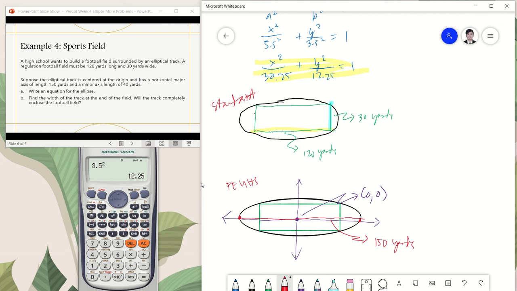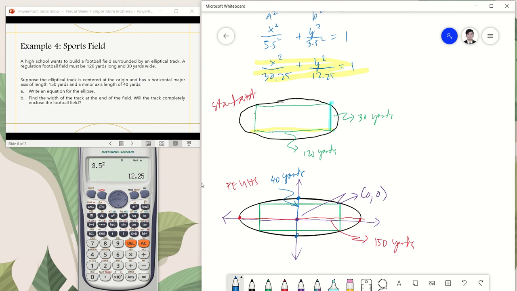And then the minor axis of our ellipse, from here to here, is 40 yards.